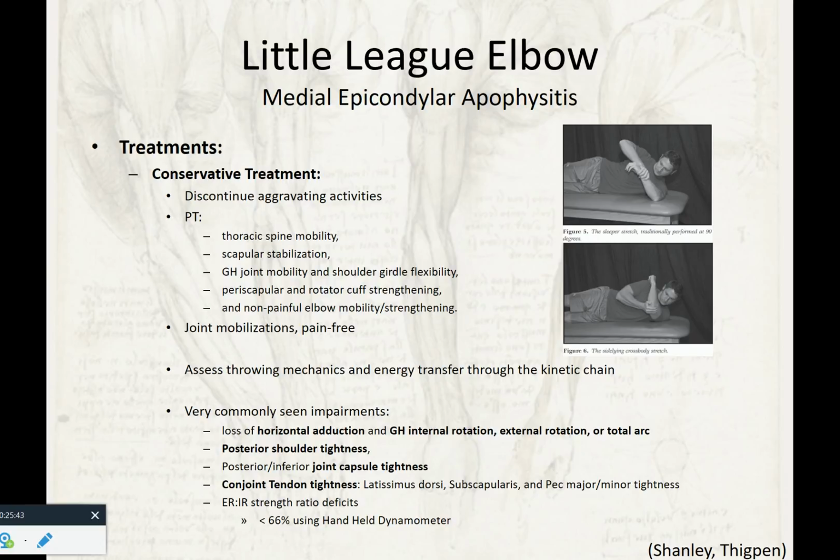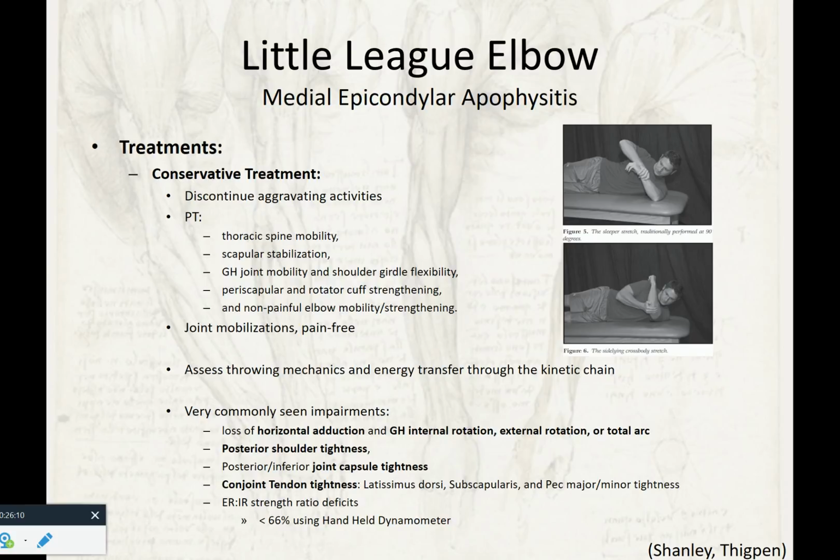This is Dr. Ryan Geary, a colleague of Dr. Shanley and Dr. Thigpen. He's demonstrating two different stretches, the sleeper stretch and the side-lying crossbody stretch. This is to address the posterior capsule of the shoulder and also the tightness and stiffness in the posterior shoulder musculature. That is a huge risk factor for increasing elbow stress if those areas are tight.